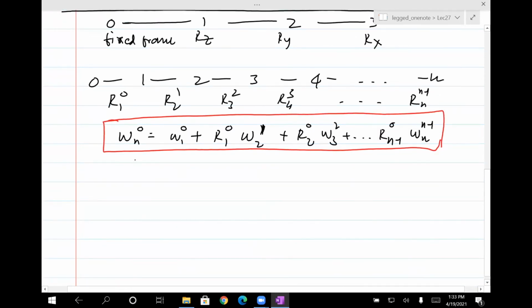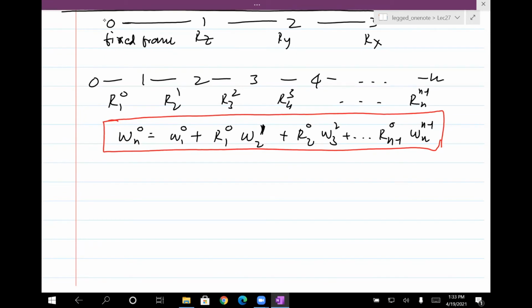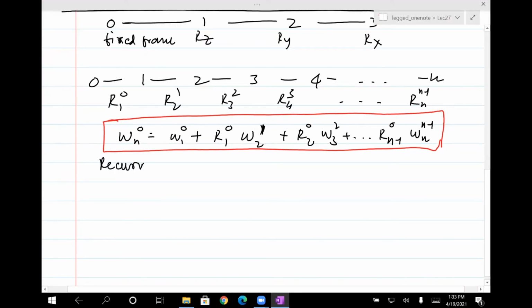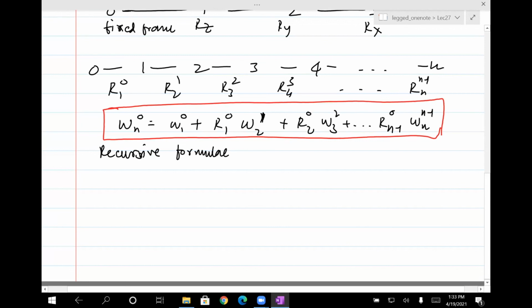What I have found is it's more useful to use the recursive formula. And we'll use the recursive formula when we do the humanoid derivation, because you'll have to find the angular speed of each of the links. So omega 1 with respect to 0, omega 2 with respect to 0, omega 3 with respect to 0. So you can use this recursive formula.